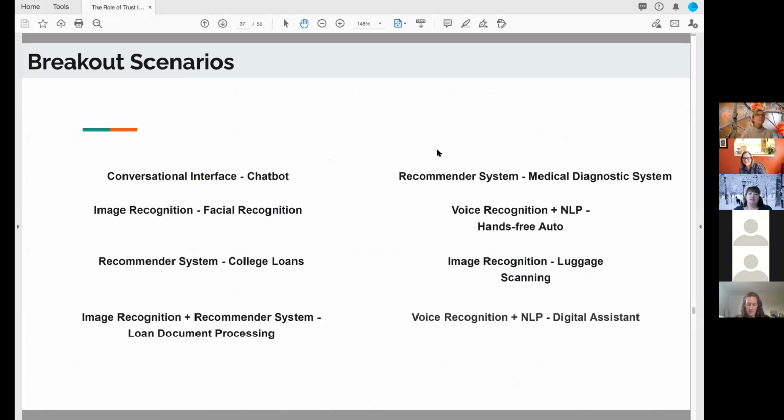And we've got one group with a conversational interface, image recognition for facial recognition, recommender systems, image recognition combined with a recommender system, medical diagnostic system, hands-free in an auto, luggage scanning, and a digital assistant. So these are all real-world applications where AI comes into play.